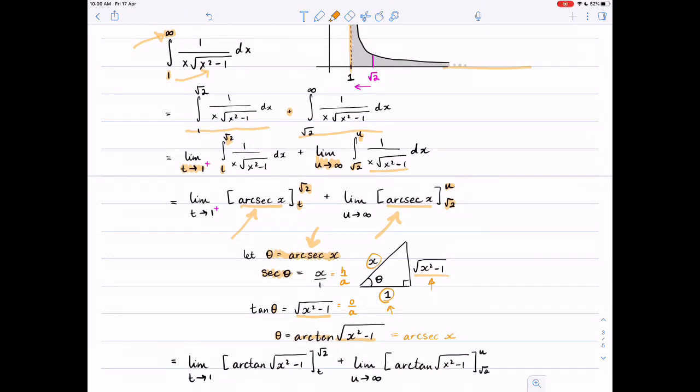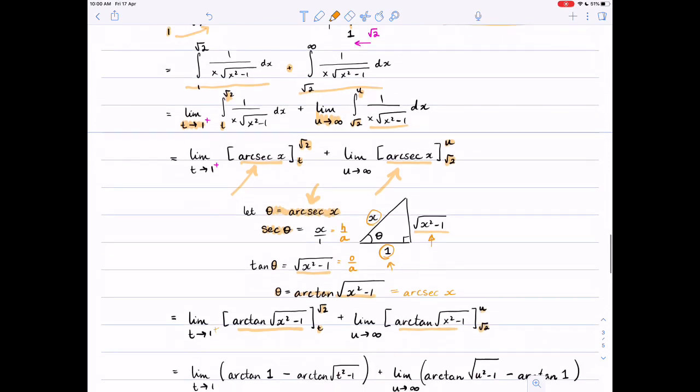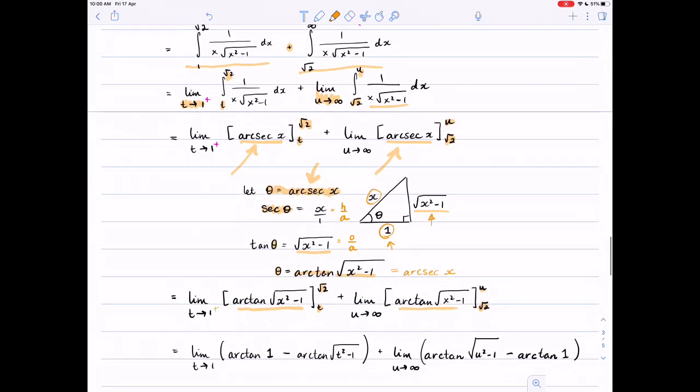So I have the antiderivative now as t goes to 1 from the right of the arctangent of the square root of x squared minus 1 from t to root 2, the same function over here from root 2 to u. We'll go ahead and plug in those values, top minus bottom, and top minus bottom.